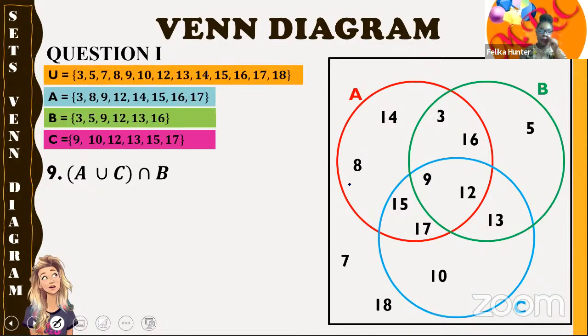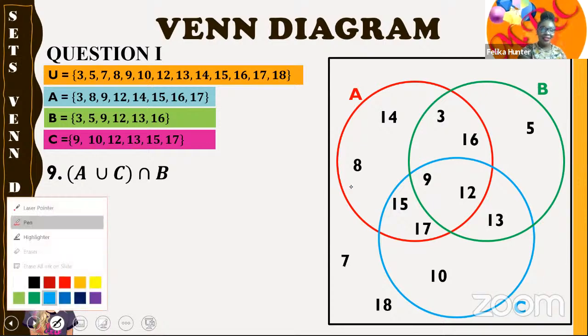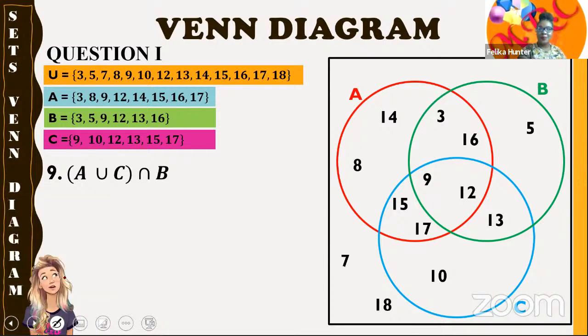And here it is now. So this is A union C intersect B. All right, who would like to go with this one for me? What do I start with first? A union C, Miss.